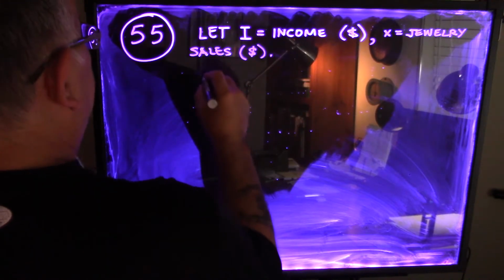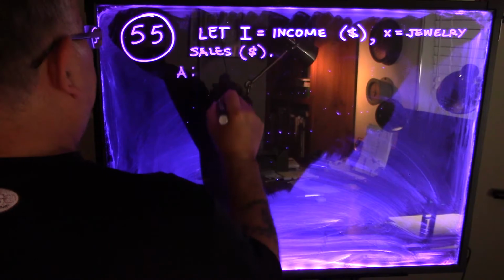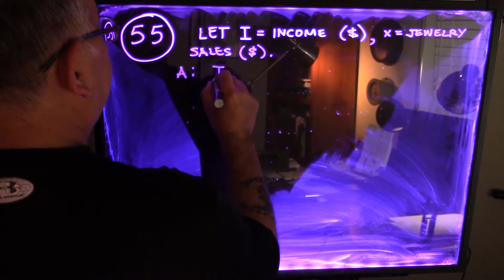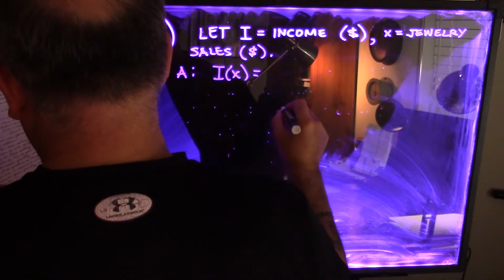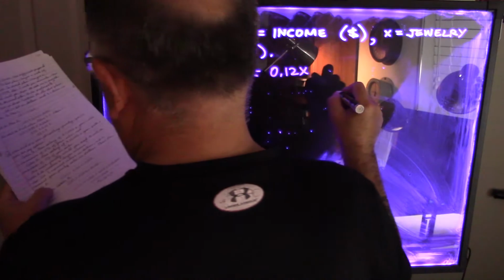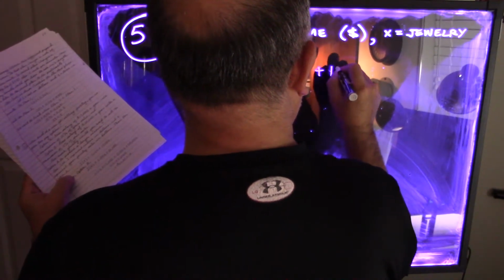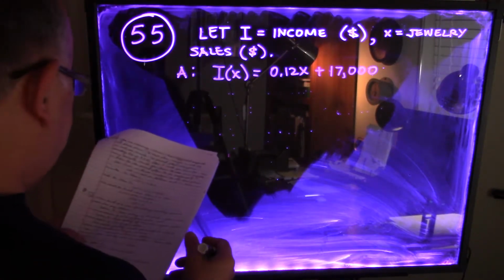So for option A, we have I as a function of x equals 0.12x plus 17,000. Double check me on this.